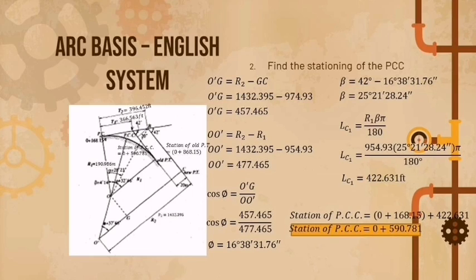And for the beta or the B, it is the angle of intersection minus the theta. Again, the value of them is 42 degrees minus the 16 degrees, 38 minutes and 31.76 seconds. And we will get the answer of 25 degrees, 21 minutes and 28.24 seconds. And for the length of curve 1, LC1 equals R1 beta pi over 180.